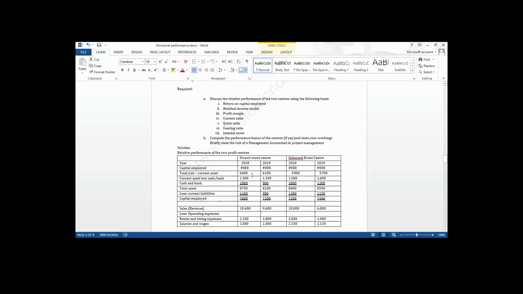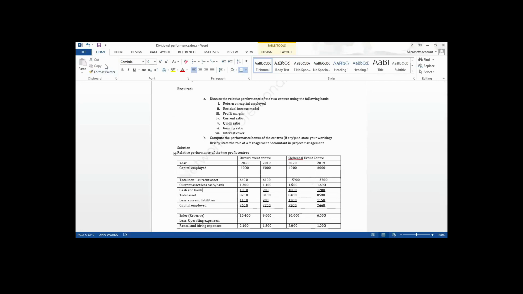Please look at it. Total non-current assets, current assets less bank and cash, then bank and cash. You can add up. Please, let's do our addition.